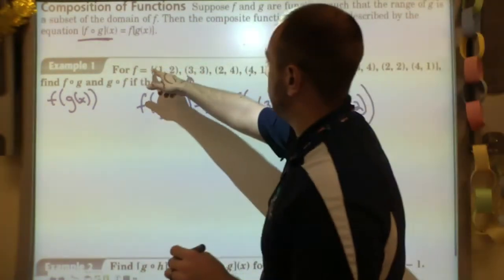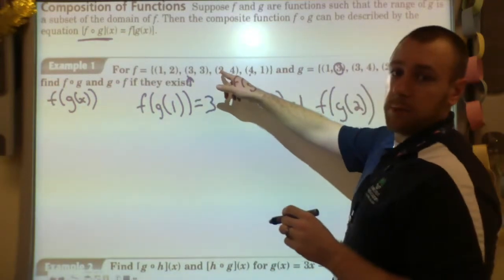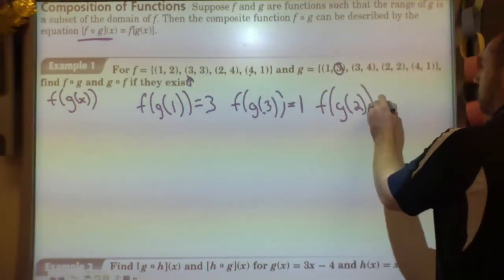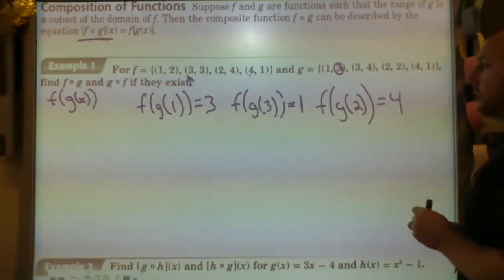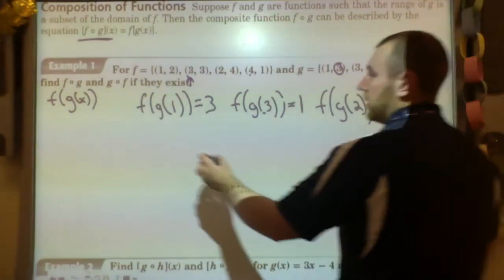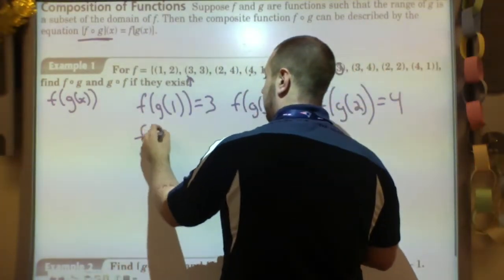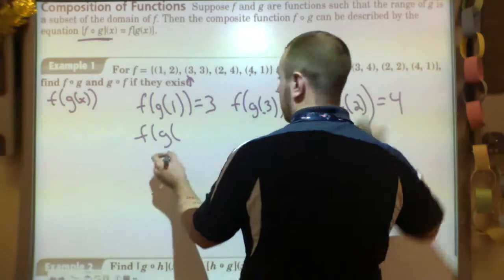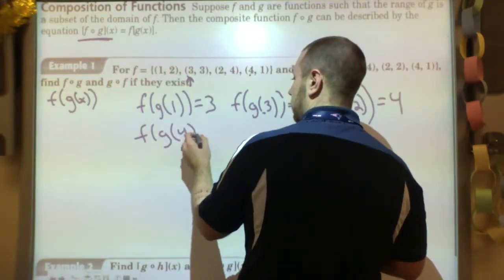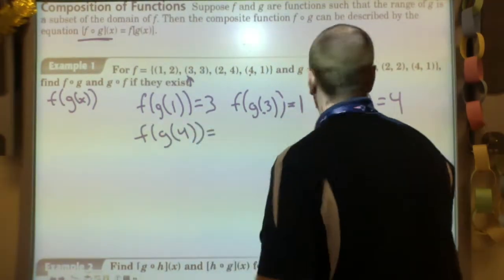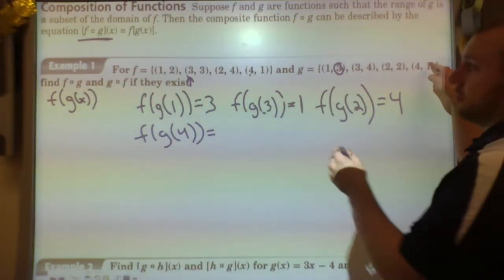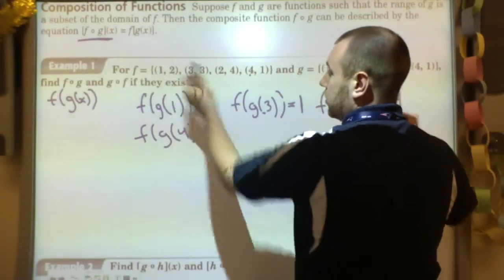Well, then I find 2 over here in my list. 2 goes to 4. And my final one, f of g of 4. 4 goes to 1. 1 in my list over here goes to 2.